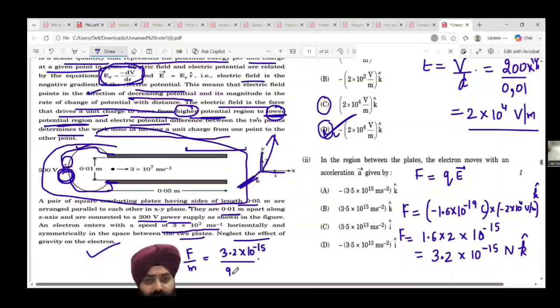What is the mass of electron? 9.1 into 10 raised to power -31 kg. राइट. इसको सॉल्व करोगे यू विल बी गेटिंग योर आंसर.